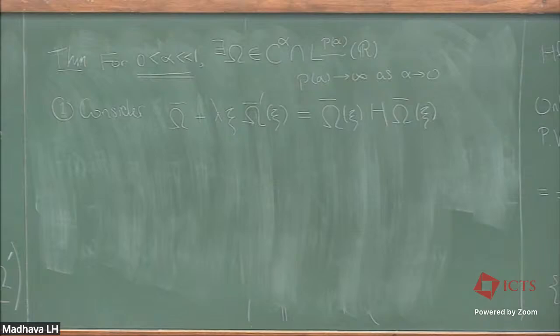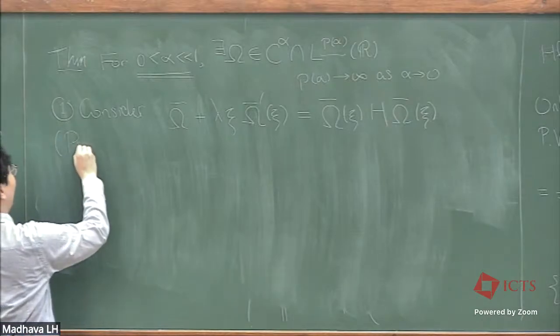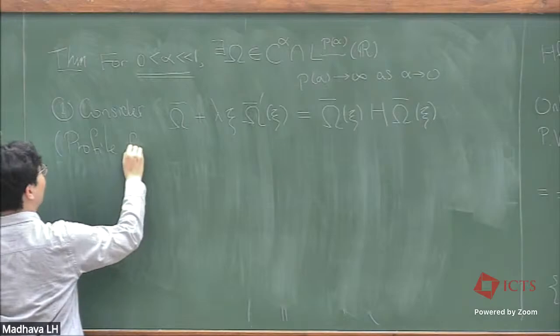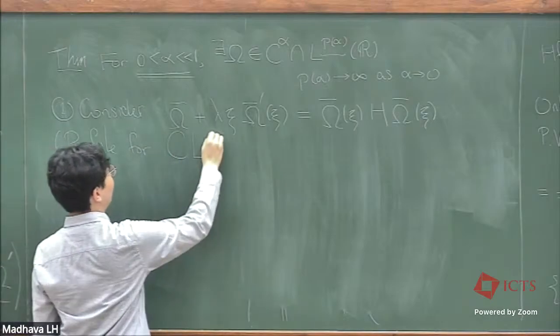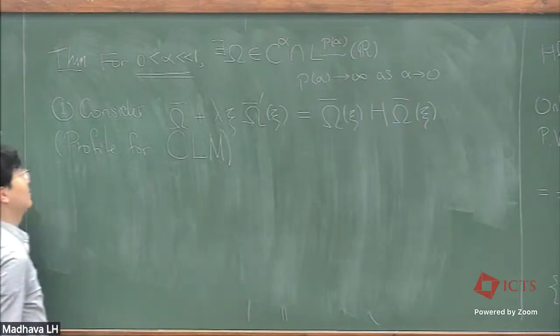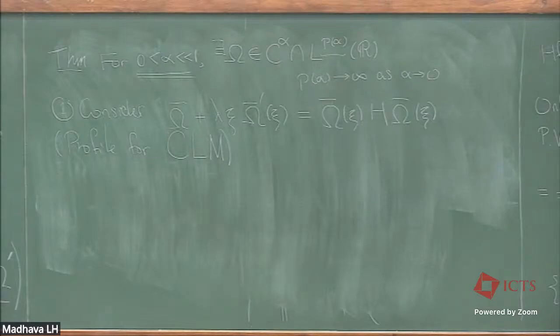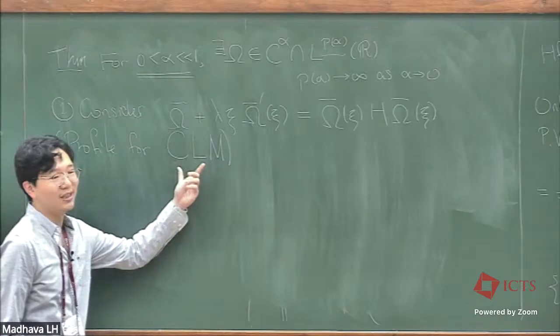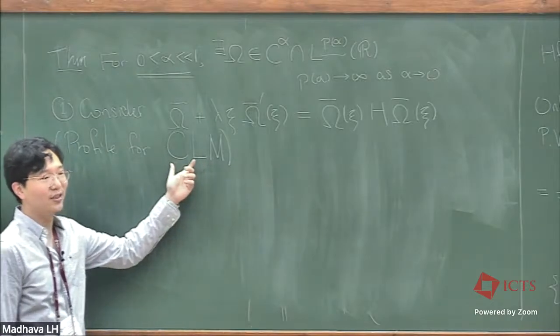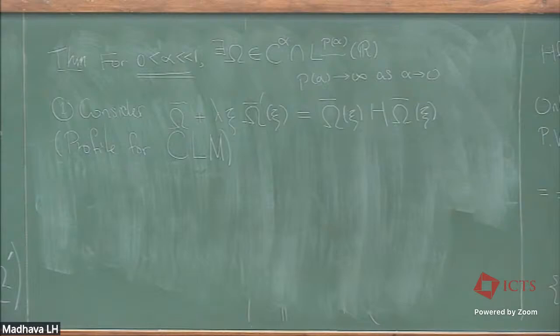This is the profile equation for the so-called Constantin-Lax-Majda model. Which was known to blow up in finite time using an explicit formula, but it was observed only by Tarek Elgindi that the singularity for this model is self-similar. And then we used this observation here. So this is solvable.